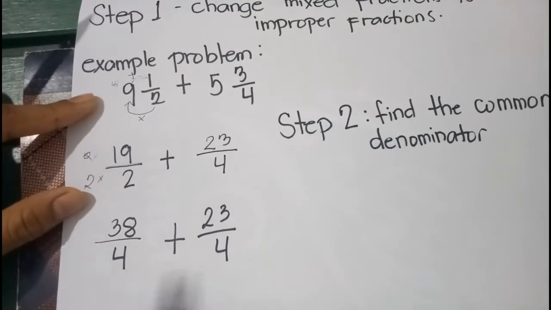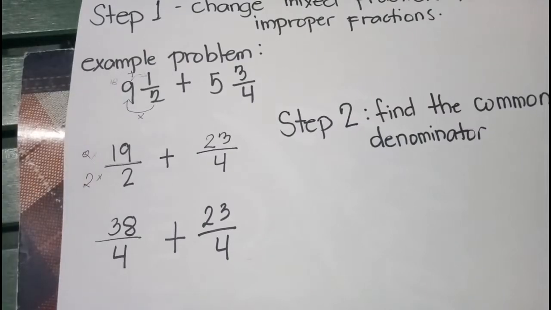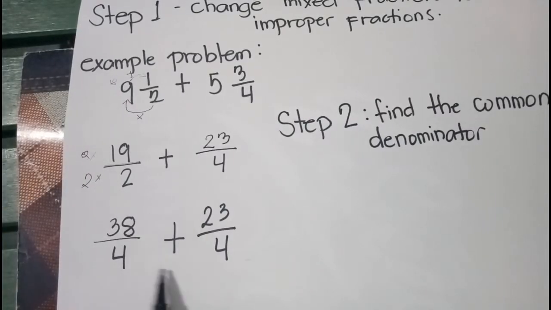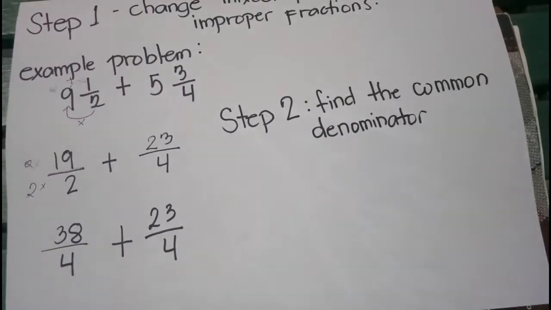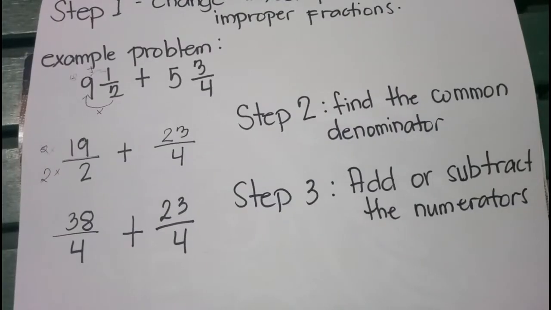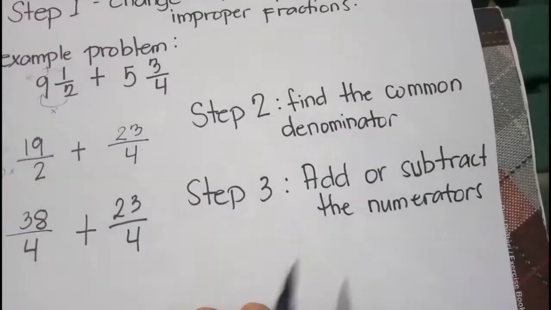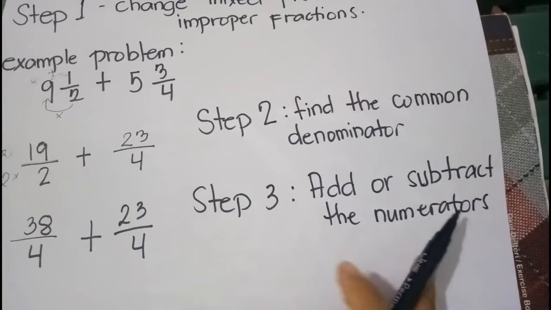Now that we have the same denominator, you're going to check the sign here. Is it addition or subtraction? For this example, we are using the addition sign, so it means we have to add. That's going to be our step 3. For step 3, we need to add or subtract the numerators.